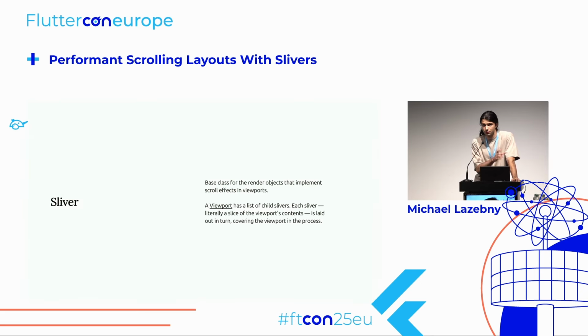Flutter has the render box, and this is the second one, the sliver, that is adapted to scroll environments. It is the base class that render objects may implement, and it is designed for things that want to be rendered inside of a viewport.